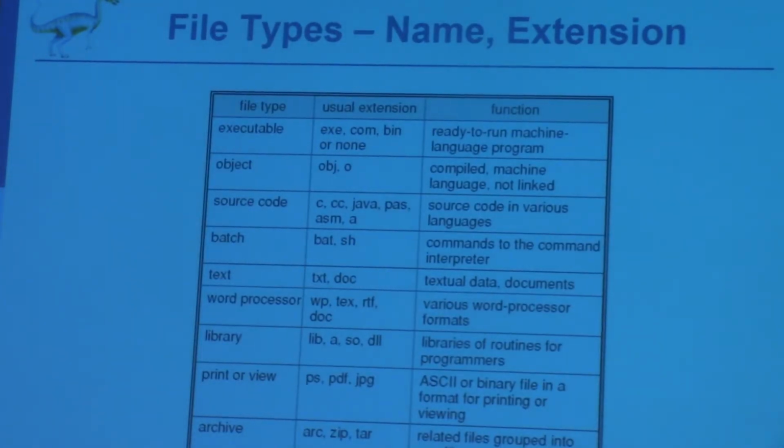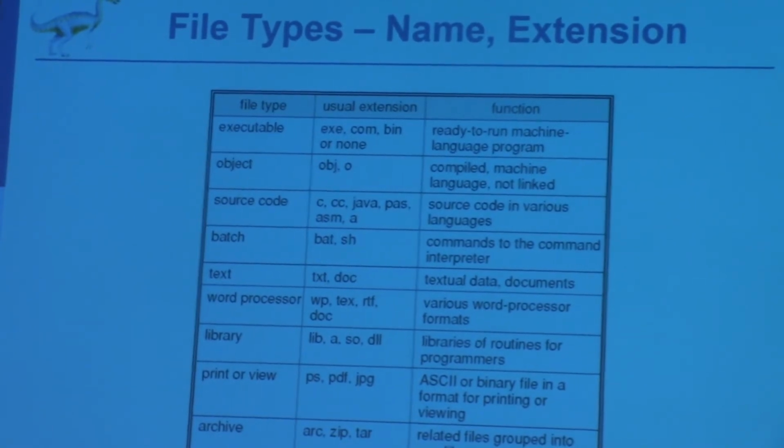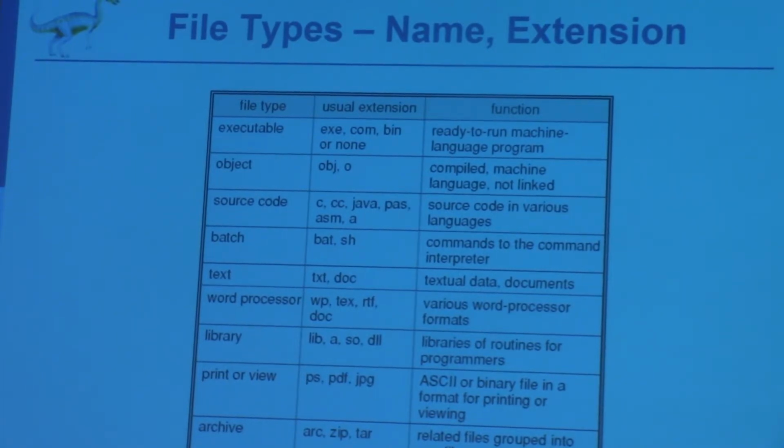Also, as we discussed last time, there are different types of files. How can you decide whether this file is an object file, a text file, or a binary file? How do you decide the type of file? The extension is not always it. The extension is just for your convenience, especially in the Windows operating system.